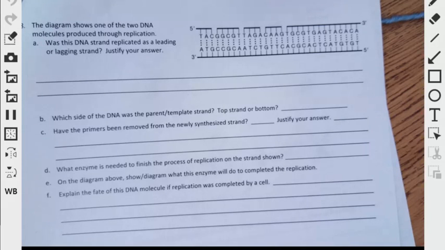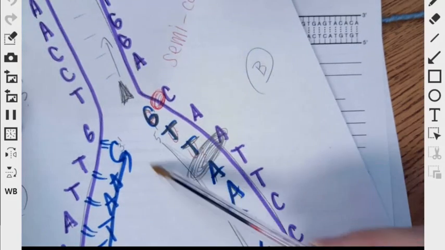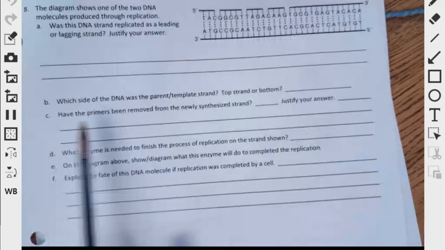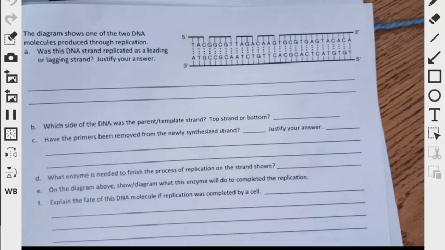Based off of what I just did here in this little simple paper model in that section right there, have the primers been removed? Yeah, because there's no RNA left. If the RNA was still on there, we would see some U's instead of T's. So we can probably deduce that all the primers have been removed and replaced.